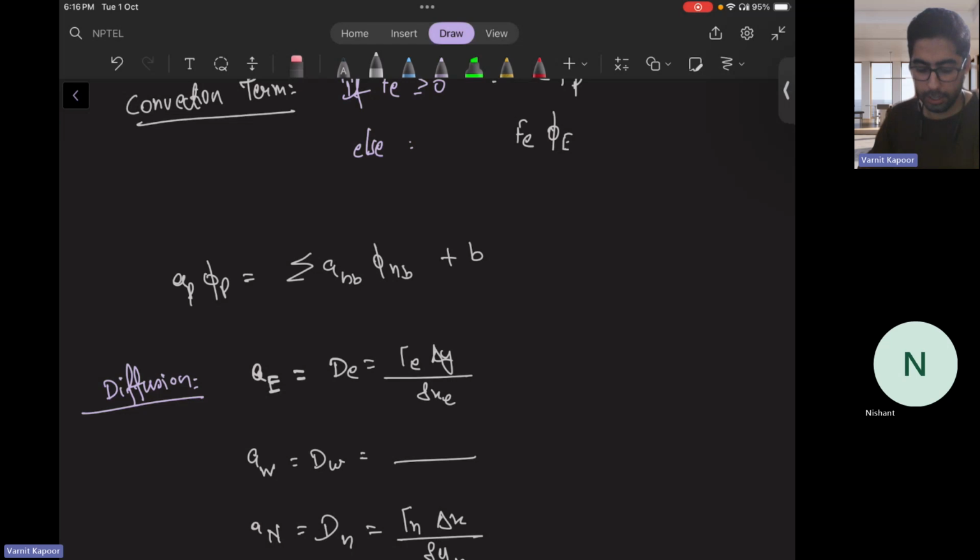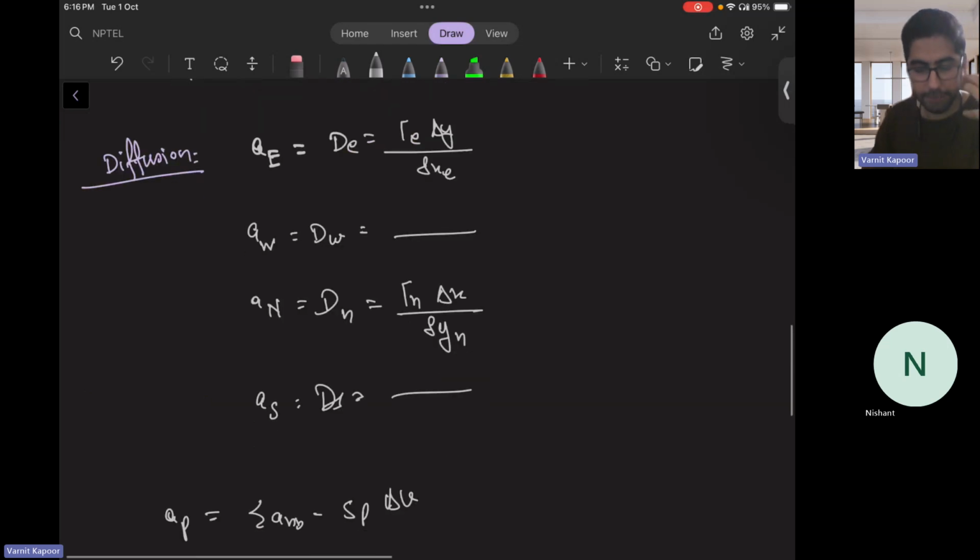So we have still not done the convection part, only the diffusion part we have done so far. So what will be the contribution from the convection? It needs to be added in the A east, A west, A north, A south, which we have not done up till here. So what will be AP?